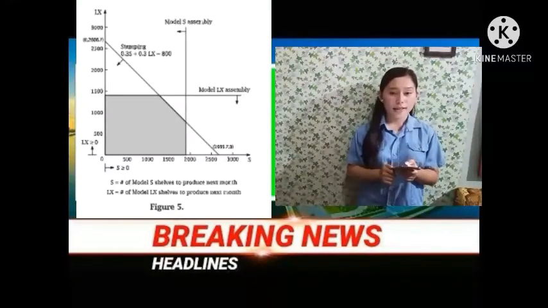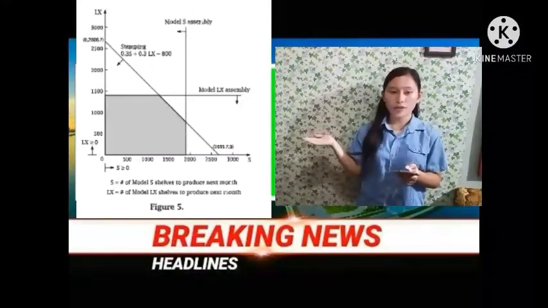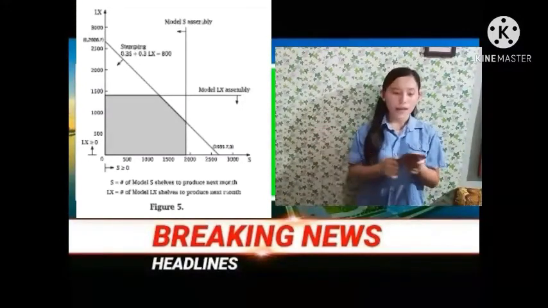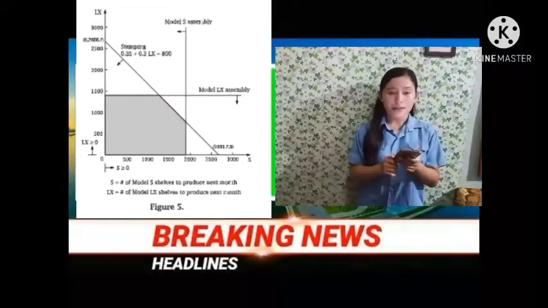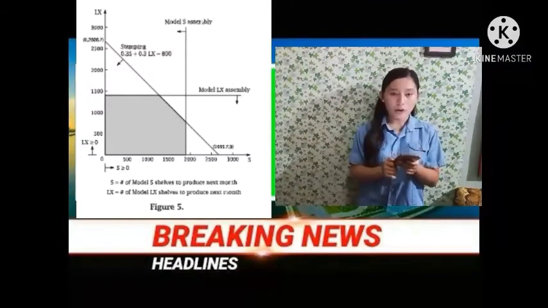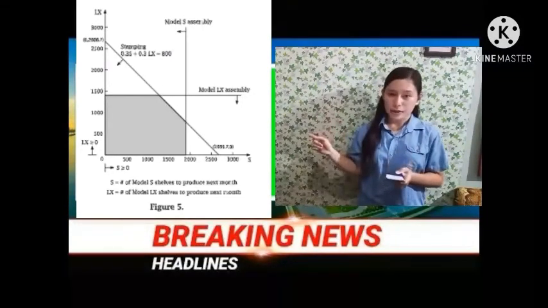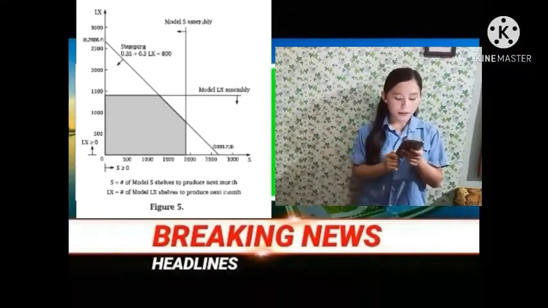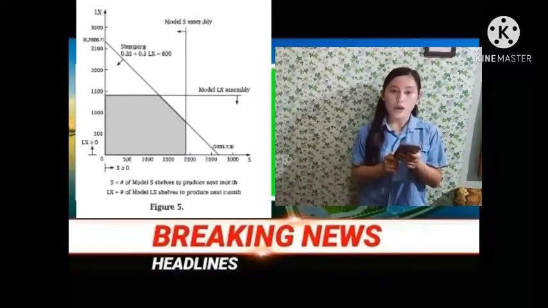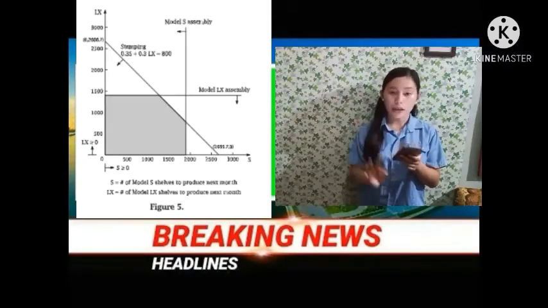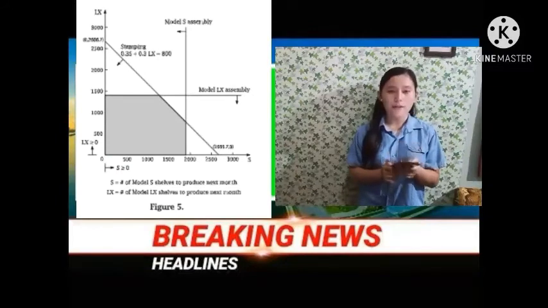Now, the next example is figure 5, which introduces the stamping constraint. The half plane below the stamping line represents all points that are feasible with respect to this constraint by itself. As you can see on the screen, the shaded pentagon is the region of points which are feasible with respect to the first 3 constraints and the non-negativity constraints.